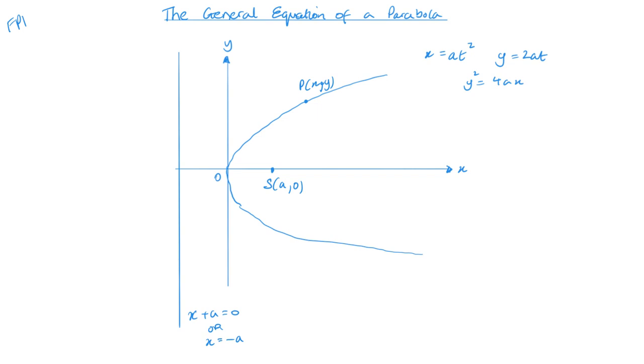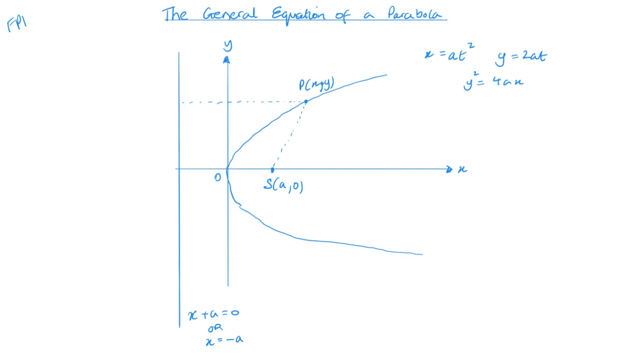Okay, and it's the same distance, so this distance here is equal to this distance. I know it doesn't look like it on my diagram, but this distance is equal to this distance, and that's the same for any point along this parabola.